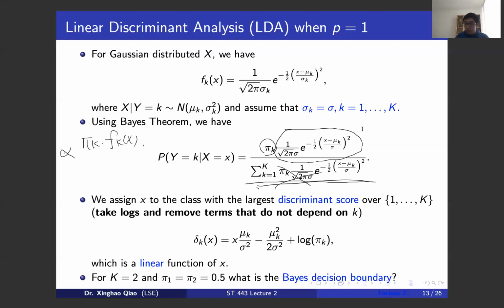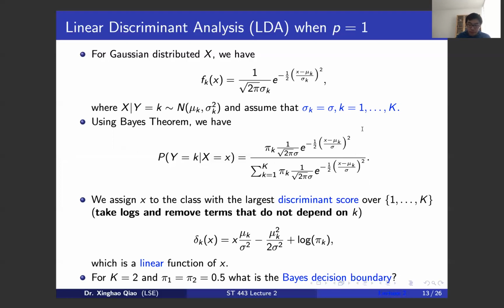Then in order to make the classification assignment, we need to compare the magnitude of the numerator for different values of k. So we assign x to the class with the largest discriminant score, which is just the value of the numerator. This is an exponential function.